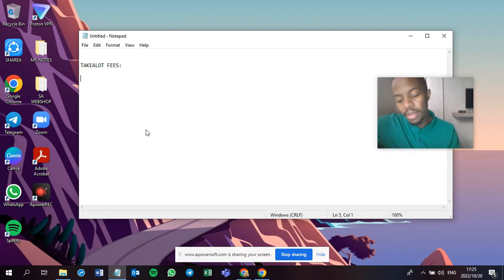What happened was I wasn't really taking note of how the fees are structured. For example, I was selling these chairs. I was getting them for like 230, and I was selling them for like 350 each, right?